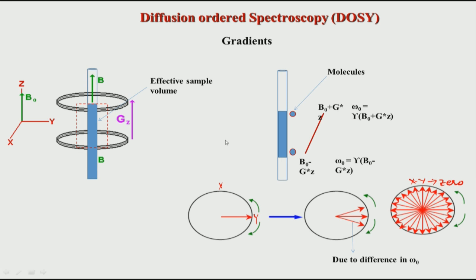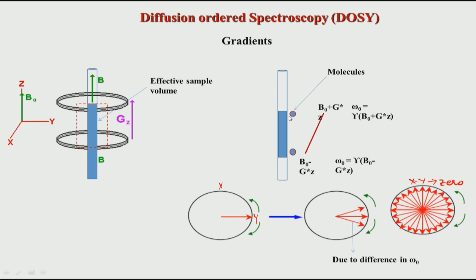Now imagine that you have a sample like this, and this is the effective RF coil volume, the effective volume of the sample, because this is the volume which is seen by the RF coil. There will be sample above and below which is not available to the RF coil and the gradients. So, our focus will be only on this portion, which is typically 2 centimeters, 20 millimeters or 18 millimeters long.